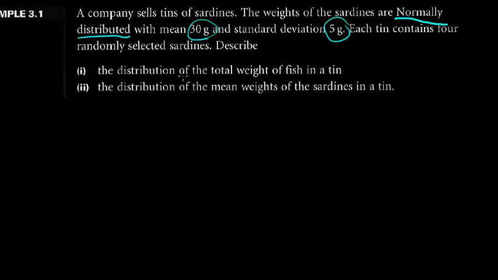So the distribution of total weights of fish in a tin. Well, if you have a variable called x, which is normally distributed, as I've explained before, with mu and sigma squared, so we'll call it mu1 and sigma 1 squared.